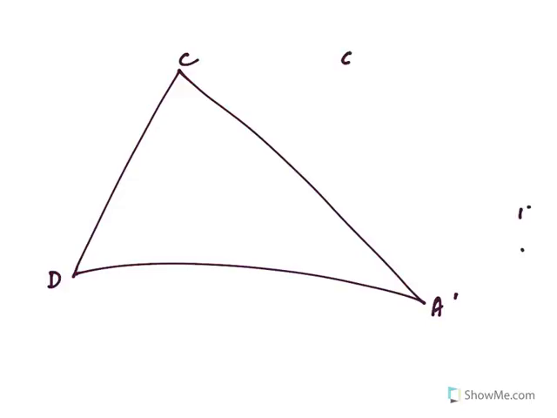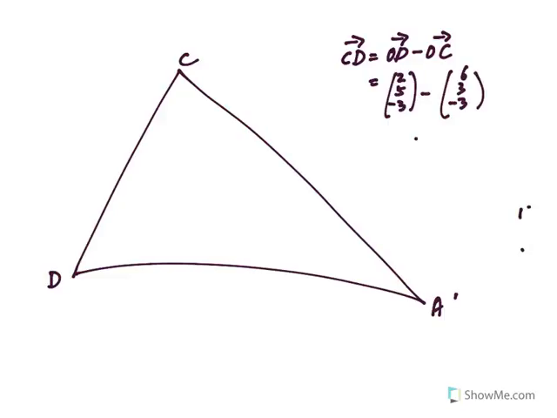Let's find CD. CD is equal to OD minus OC. OD, as we have found, is 2, 5, -3. OC is 6, 3, -3. This equals -4, 2, 0. So one direction vector that lies on the plane is -4, 2, 0.